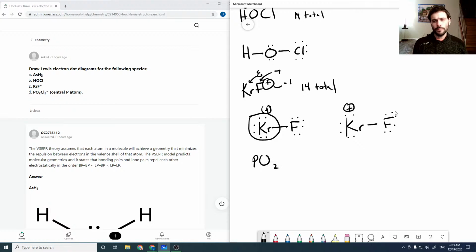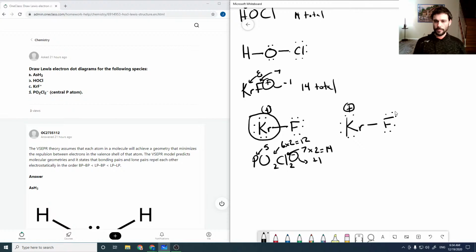PO2Cl2 minus. Okay, so then we've got 5 electrons here. 6 times 2 equals 12 there. 7 times 2 equals 14 there. And then the minus charge is going to be another +1, so an extra electron.